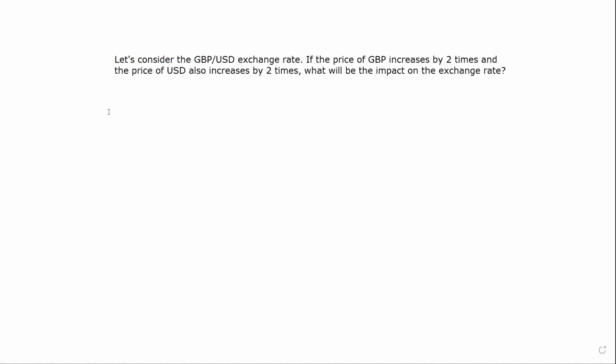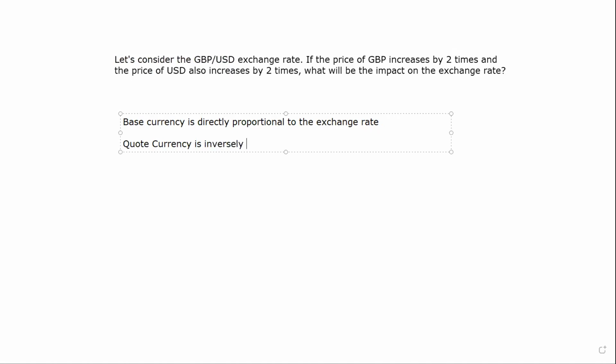All right, so as I told you, base currency is directly proportional to the exchange rate, and quote currency is inversely proportional to the exchange rate.